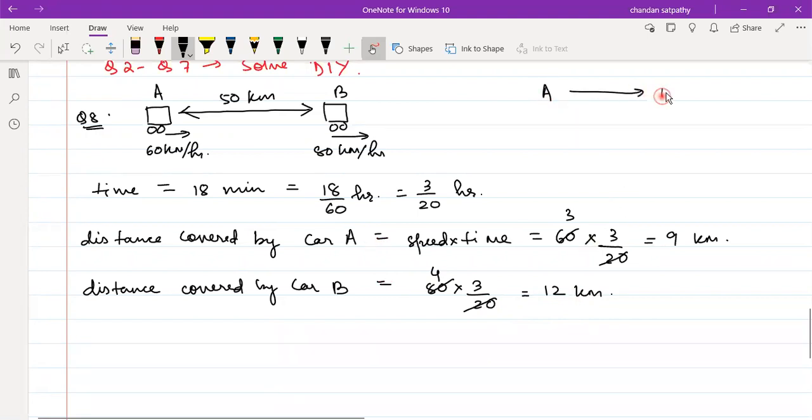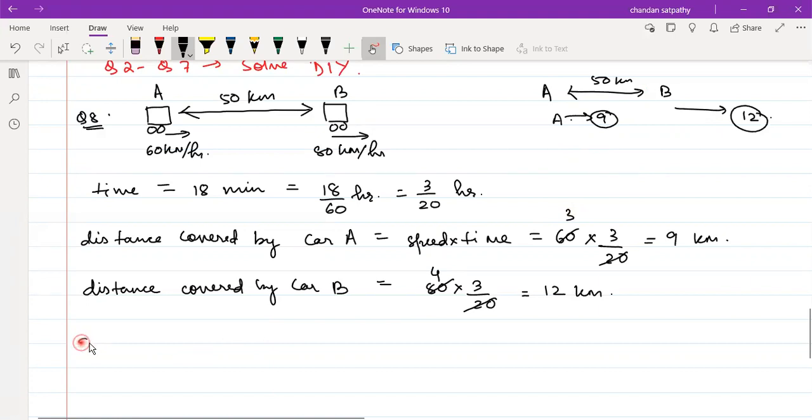Earlier the difference between them is 50 kilometers. Now A has traveled 9 kilometers but B has traveled 12 kilometers. So the difference between the distances is 3 kilometers, because B has traveled more and A has traveled less.